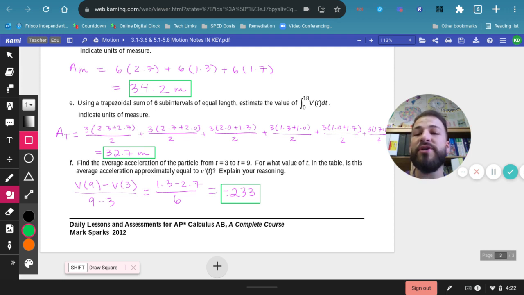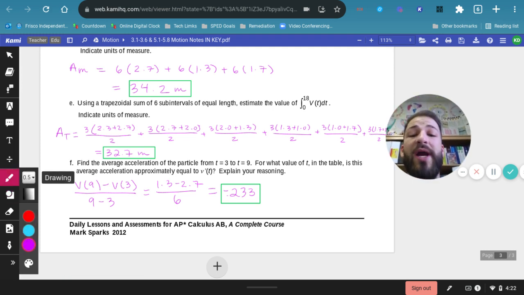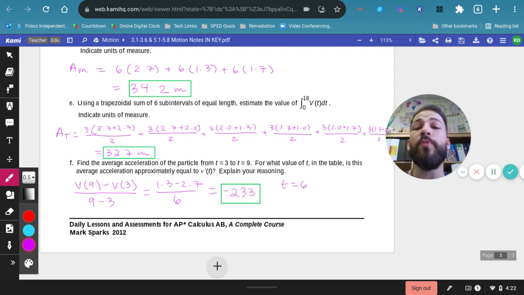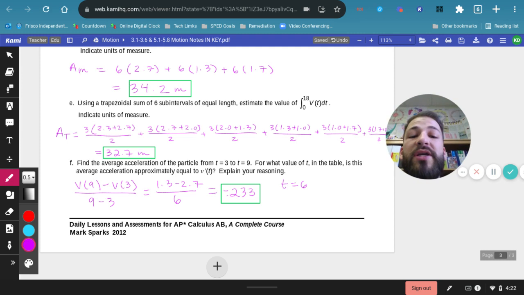But I would say it probably should fall somewhere in the 6. I don't really love this question, so you probably wouldn't see it on an AP exam or a test. But I would say time t equals 6, I think, is what they're trying to get us to land on here. So t is equal to 6, and as our reasoning, I would say v prime of t is equal to our acceleration. So v prime of t equals a of t.